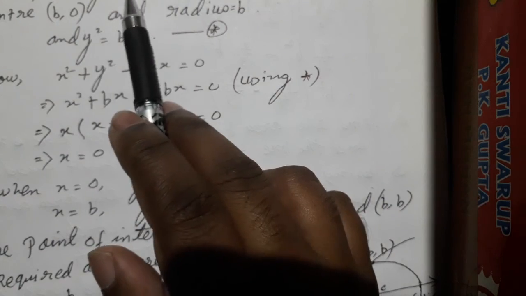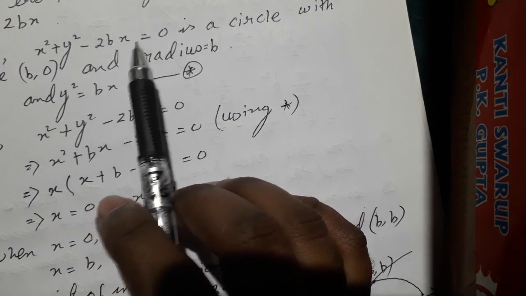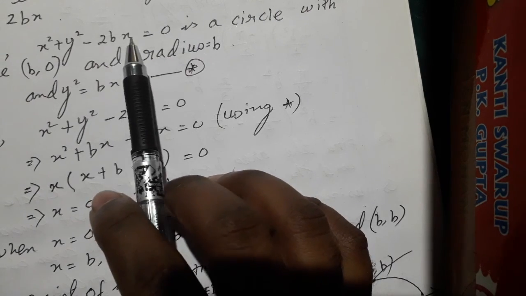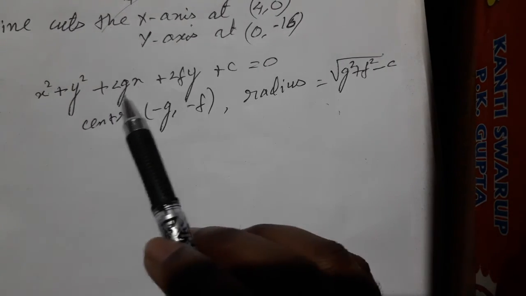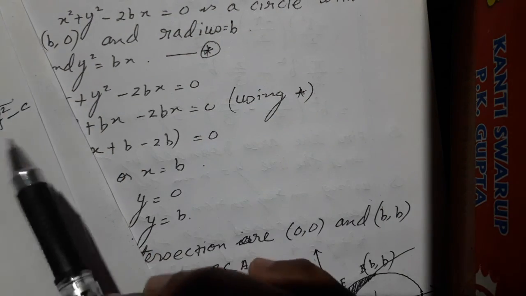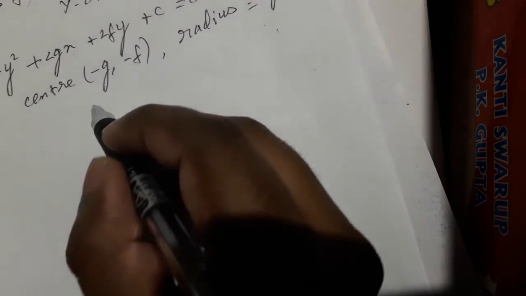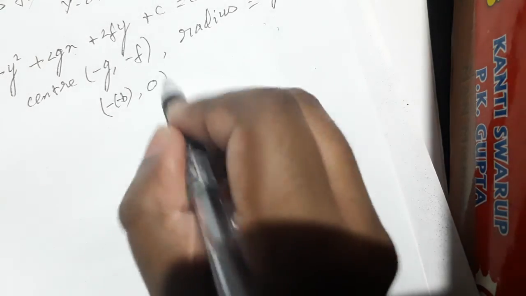Now if we compare this equation, x squared plus y squared minus 2bx equal to 0, with this standard equation, here g is minus b, and f is 0, c is also 0. If we put these in, the center will be minus of minus b, and here 0.